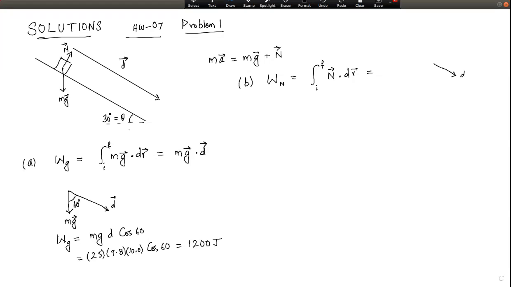So that's displacement d, and that's normal force. So that's n dotted with d, but that's 90 degrees. So we have cosine of 90 degrees showing up. So it's magnitude of n, magnitude of d times cosine of 90 degrees, which is 0 immediately. We don't have to worry about what the normal force is. So it's 0.